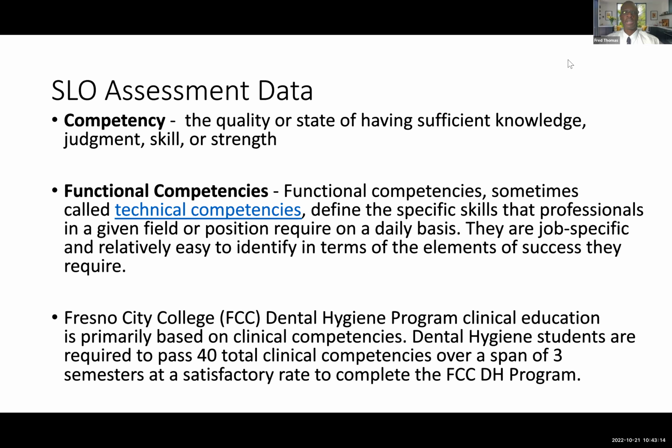Our SLO assessment is driven by competencies. Of course, competency means they have sufficient knowledge, judgment, skill, and strength. There are different types of competencies.